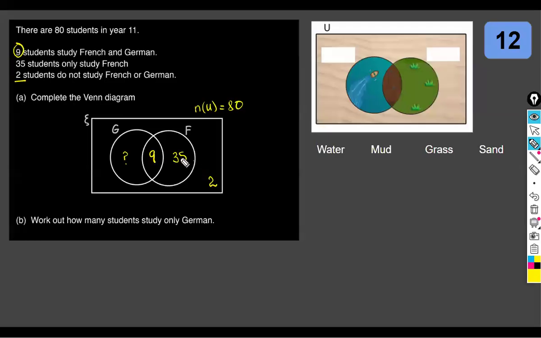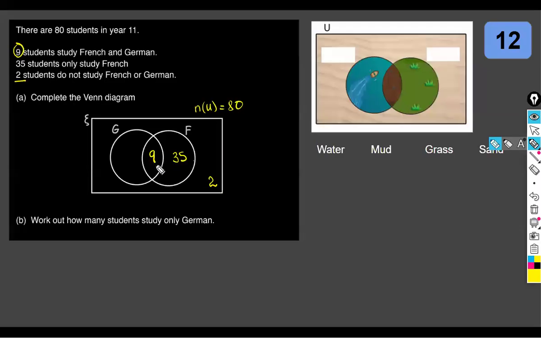How much again do you need to make 80? Nine plus 35 plus 2. It's a matter of just adding up the 9, the 35, and the 2, and minusing it from 80.